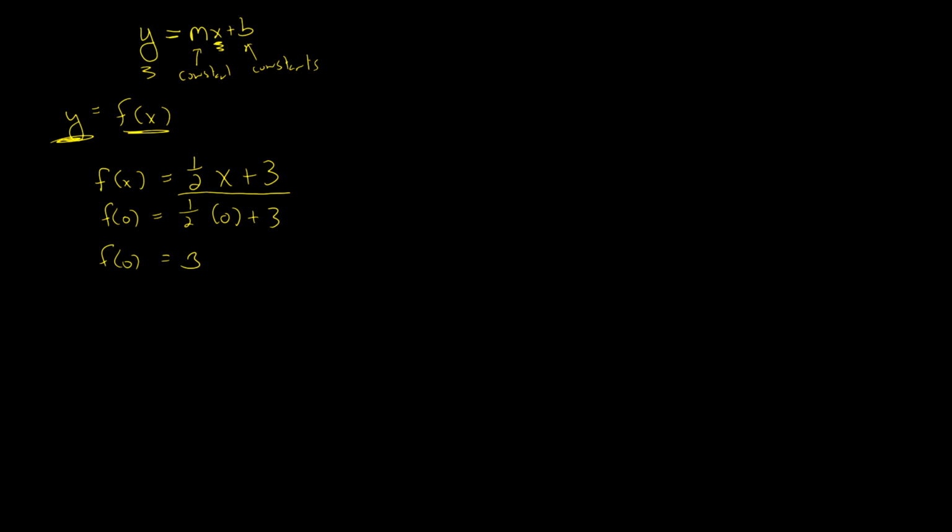And so what happens is this side, the left-hand side in this case, or the function, is dependent on the values of x. So we call it the dependent variable.